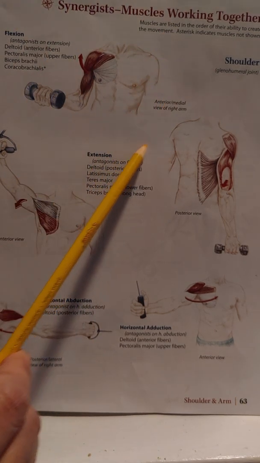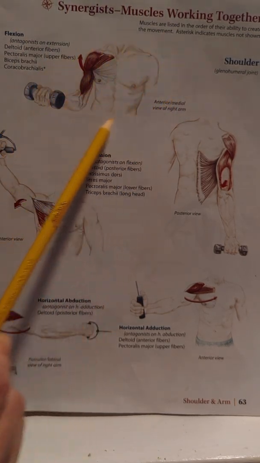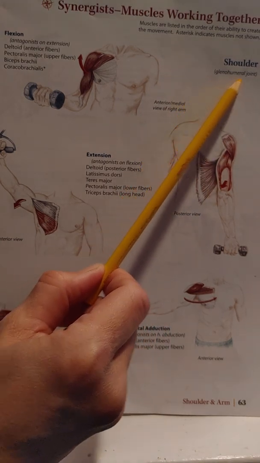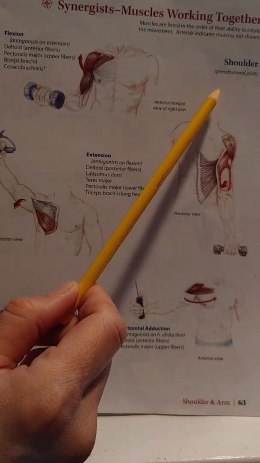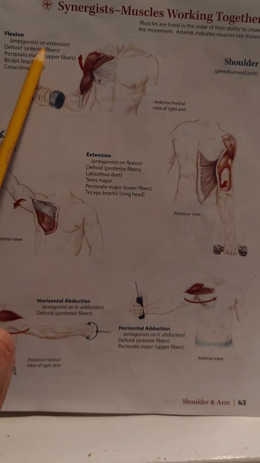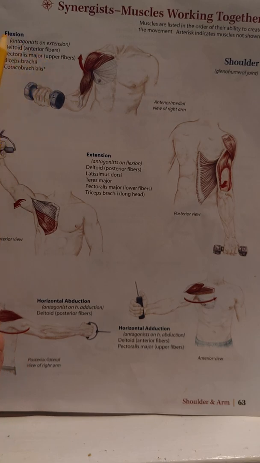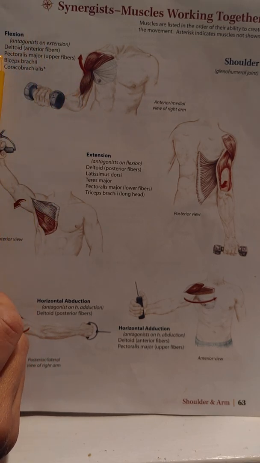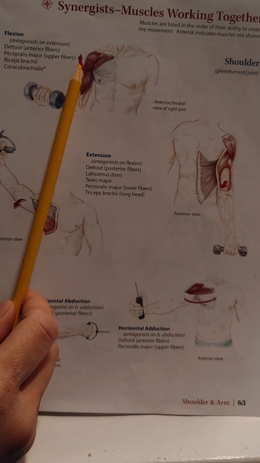Okay, so we're going to start with the first image here. And again, we're working on the shoulder area, which is also the GH joint, short form for glenohumeral joint. Okay, so for flexion, we all know that the antagonist for flexion is extension. So flexion: deltoid is working together with the pectoralis major, the upper fibers.